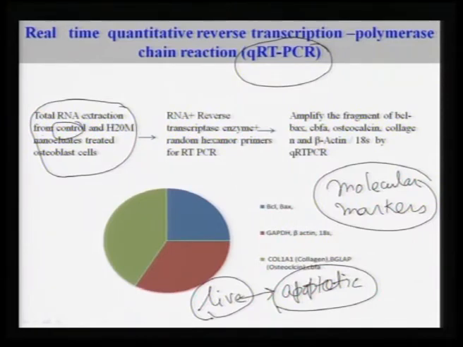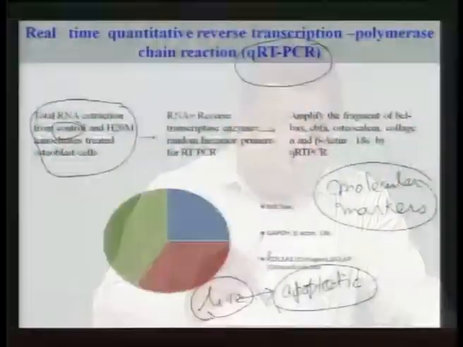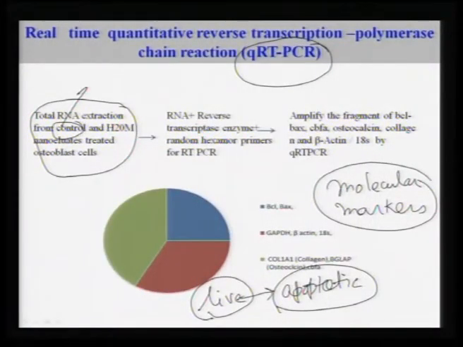What is control here? Control means untreated cells, cells which have not received any treatment of the particles like 20% mullite particles. Total RNA is extracted from the control untreated cells as well as H20M nanoeluates. H20M stands for hydroxyapatite 20% mullite nanoparticle eluates.